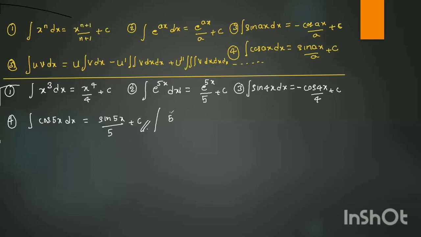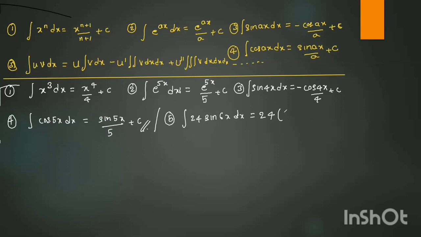if you have fifth one as integration of 24 sine 6x dx, what will you write as the answer? 24 is a constant term, so you keep 24 as it is. And then you integrate sine 6x.